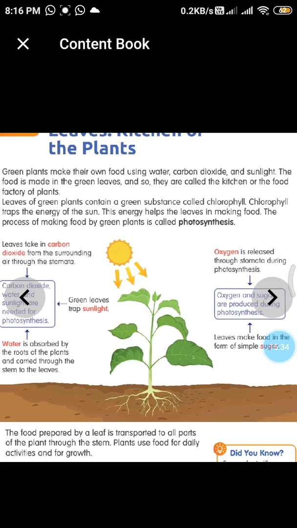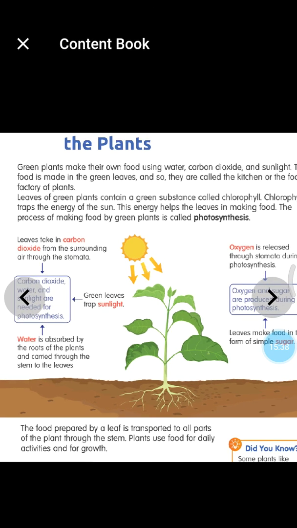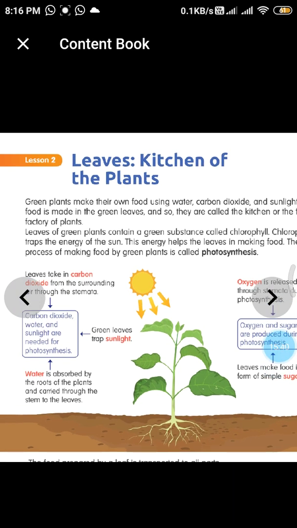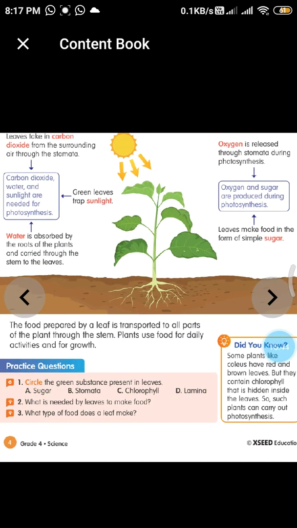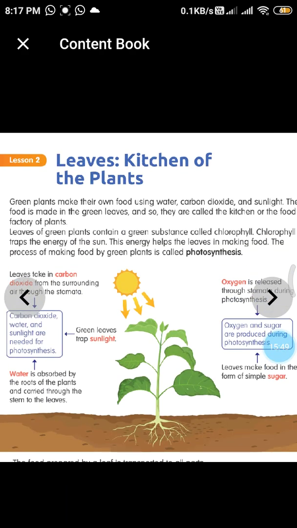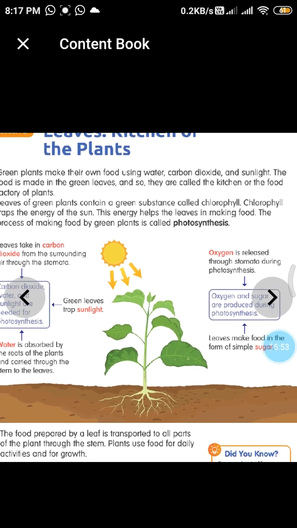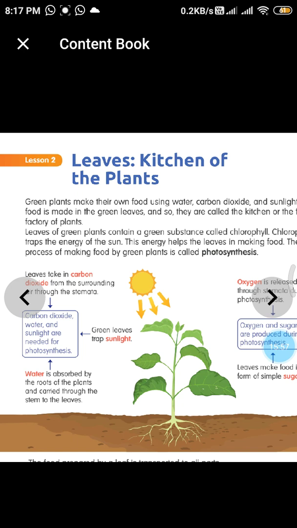You learnt all about the leaves and why we are calling the leaves the kitchen of the plant, and how the plant prepares the food, and what's the meaning of photosynthesis you learnt, and what are the different raw materials needed for photosynthesis you learnt, and the activity you have done.